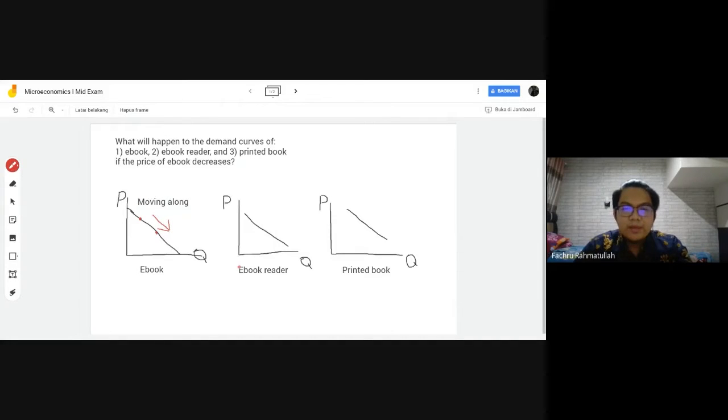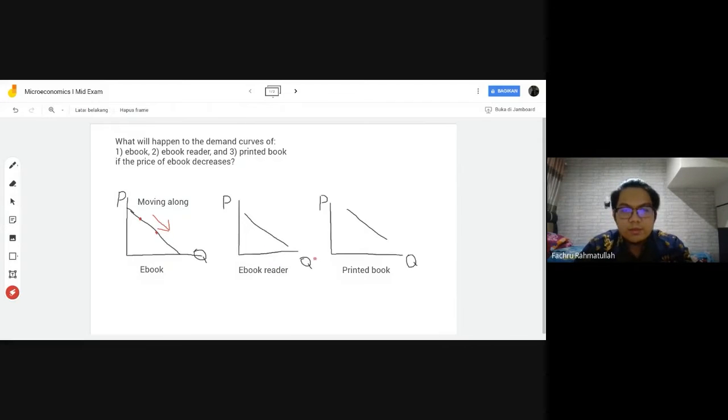Okay, ebook reader, it means the device to read the ebook. Maybe it's like a handphone, gadget, or something else. Because the price of ebook is decreased, the quantity of ebook readers will be increasing.